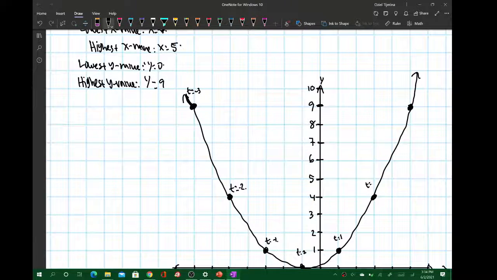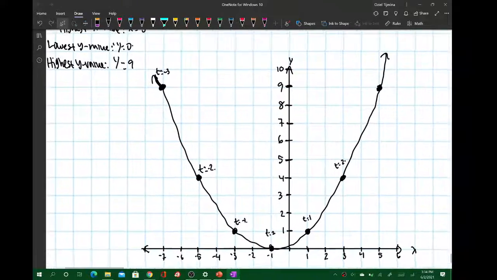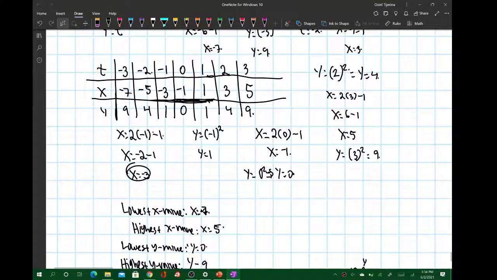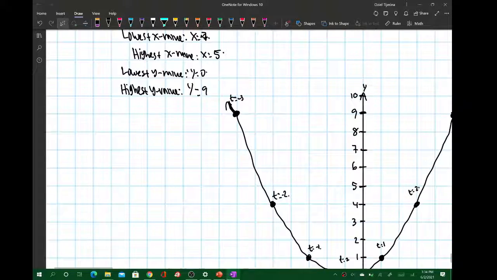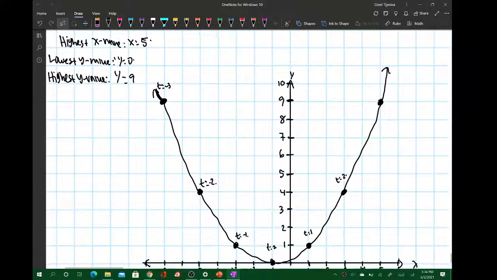So this was t equals 2. And at t equals 3, x was 5, right? So this is t equals 3.